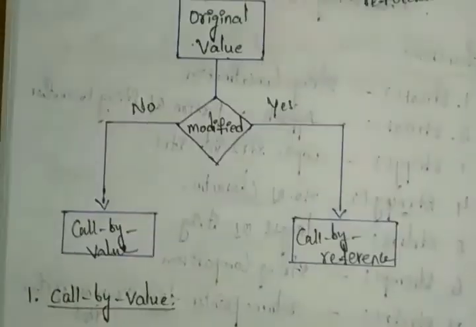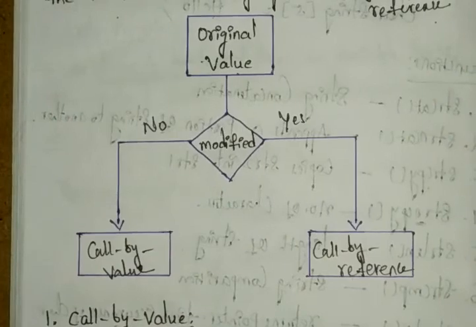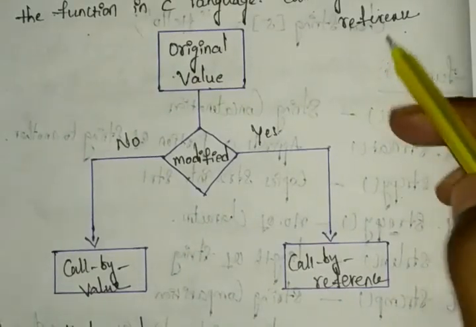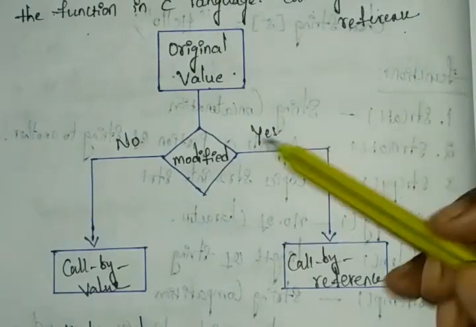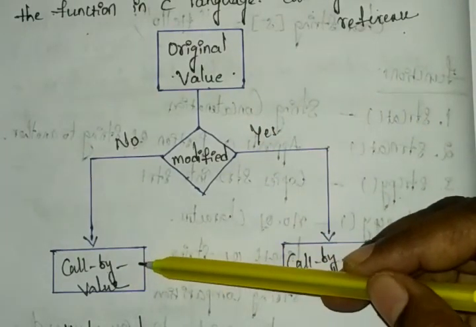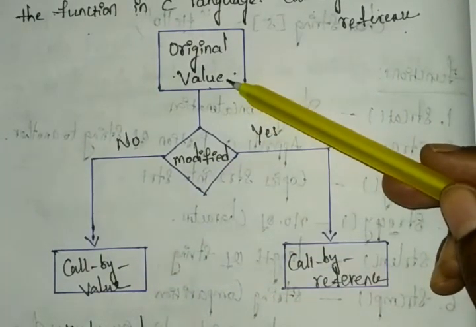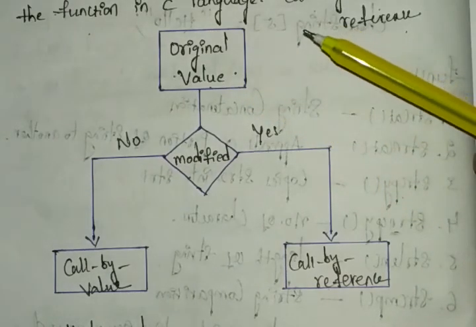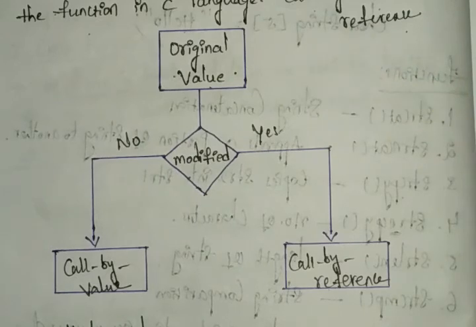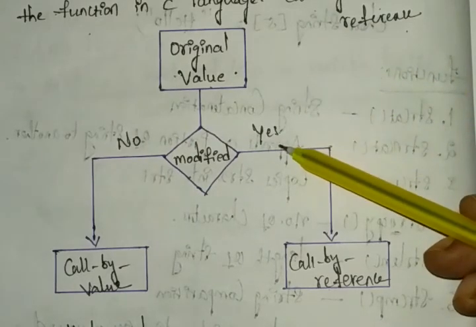Just see the diagram to understand. We have the original value. That value is copied by call by value, from the actual parameters to the formal parameters.